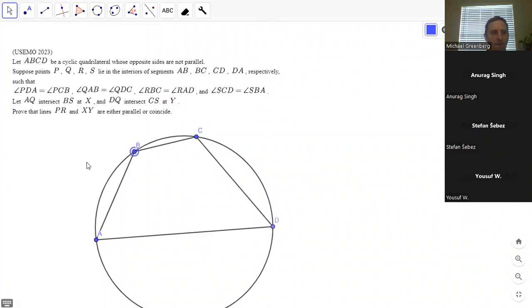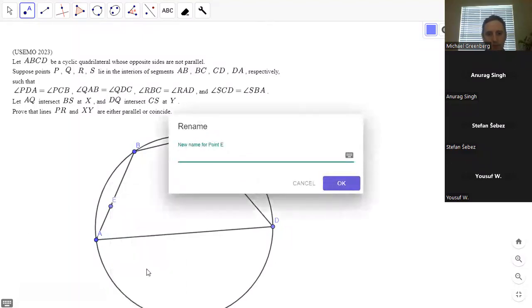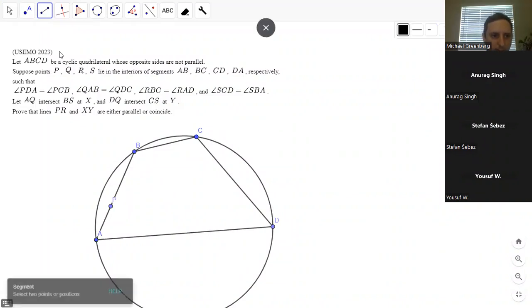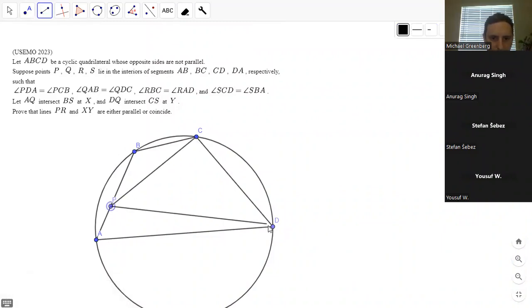So this is P. How would we figure that out? So basically, if we extended these points to meet the circle, then the resulting line, if you connect them, would be parallel to AB.